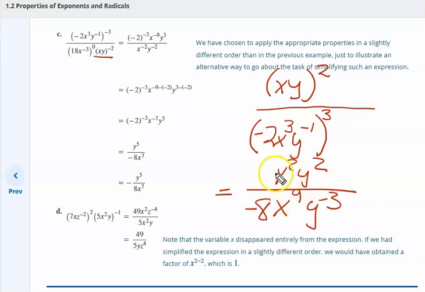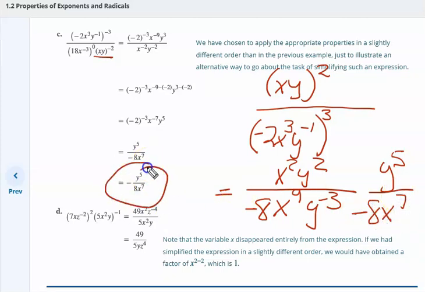I'm going to bring this y to the negative 3 up here, and it becomes y to the fifth in the denominator. I'm going to bring this x to the second down. I subtract it from the 9, gives me a 7, so this is going to be 8 x to the seventh. And there we have it here.